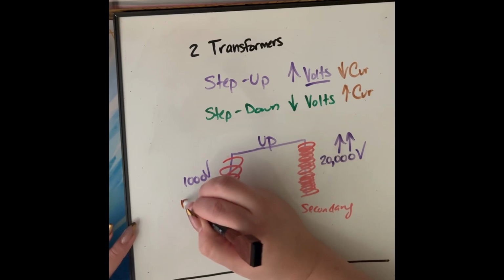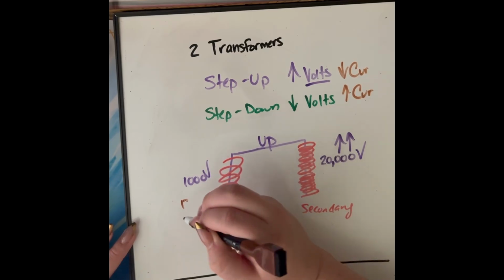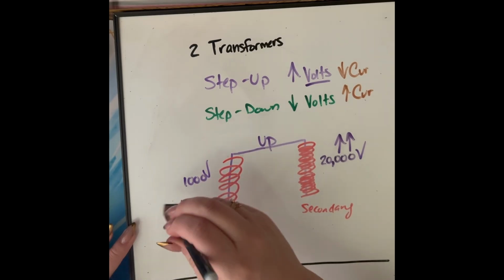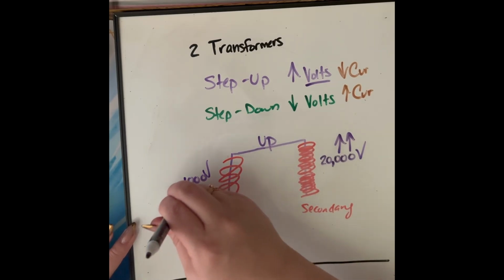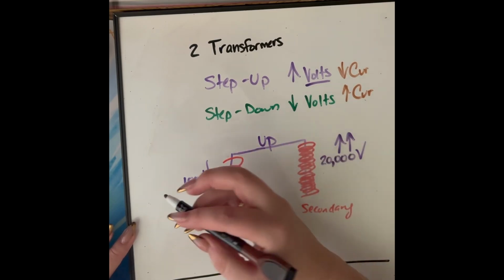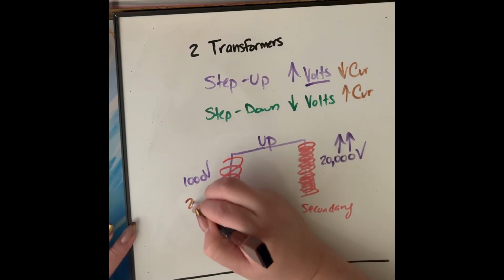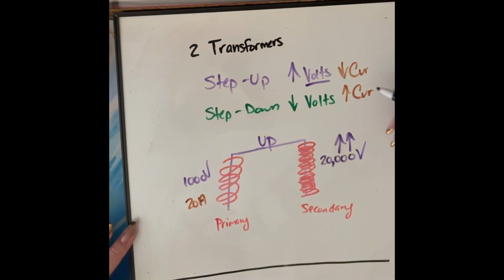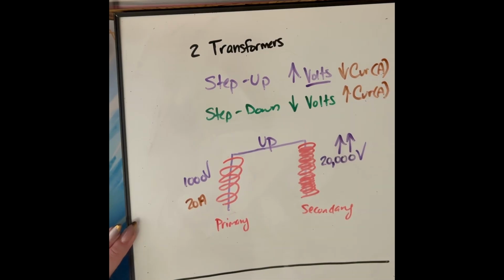So let's say on this end we had 20. Let's say over here we had, we'll do the opposite, 20 amps. Amps is the same thing as our current. It's going to be an A, our amperes. We say milliamperes. So let's say our current in the brown here is 20 amps.